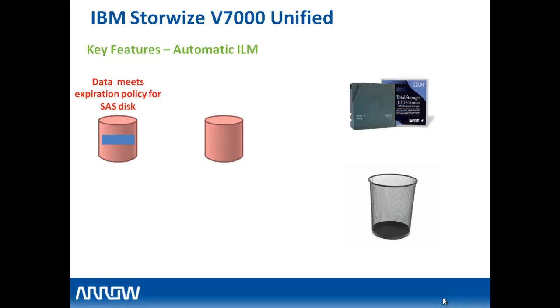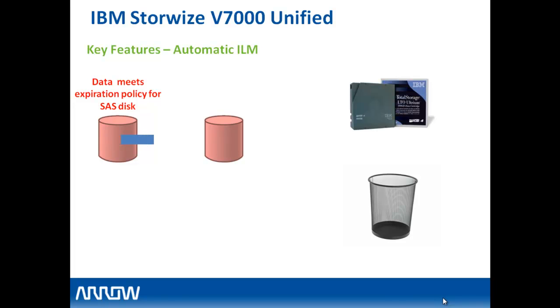For example, data meets expiration policy for SAS disk. SAS disk is quite an expensive tier of disk still, and it would be brilliant if we didn't have to use SAS disks for data that was very, very rarely being used, or had an I/O characteristic that was really, really low, so it really wasn't being used much at all.